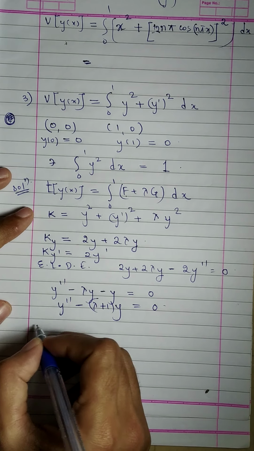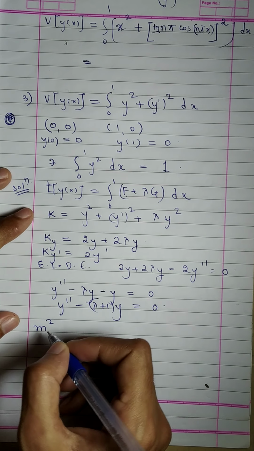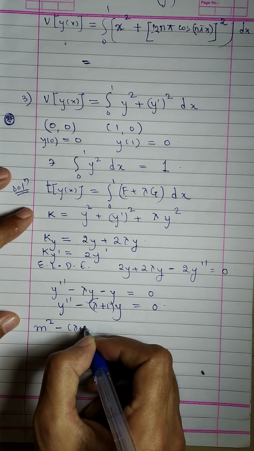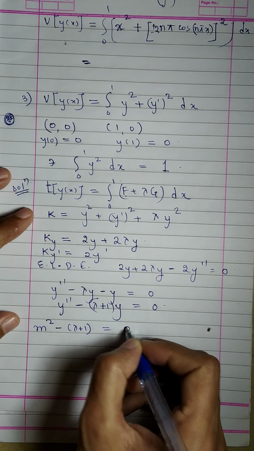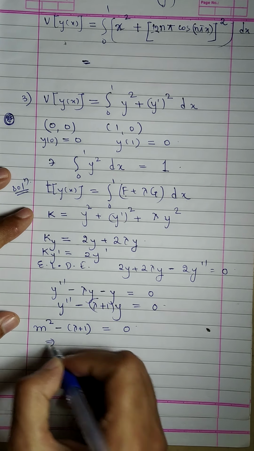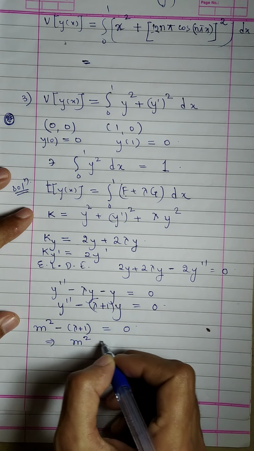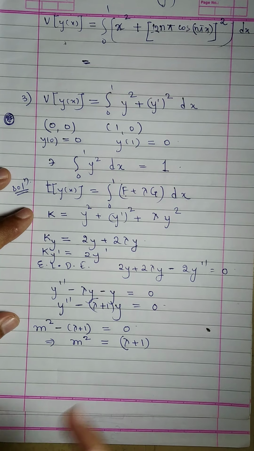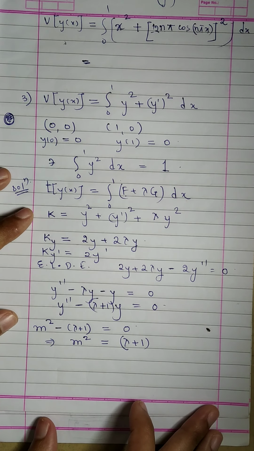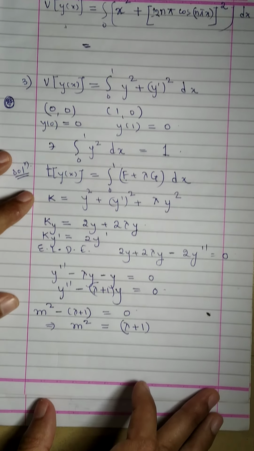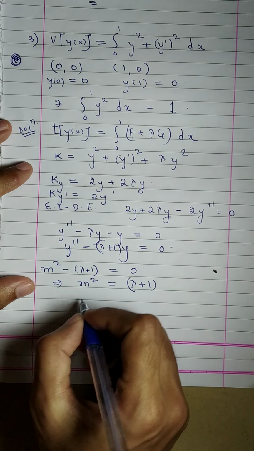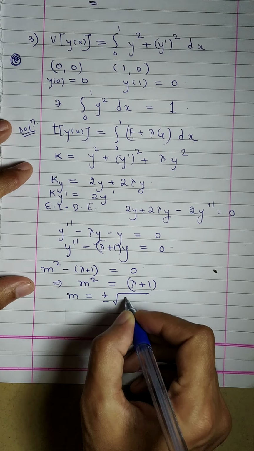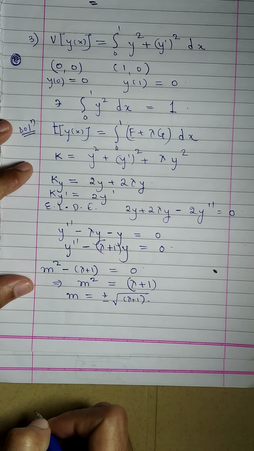The auxiliary equation will be of the form m square minus lambda plus 1 equal to 0. So that will imply m square is equal to lambda plus 1, so m is equal to plus or minus root of lambda plus 1.